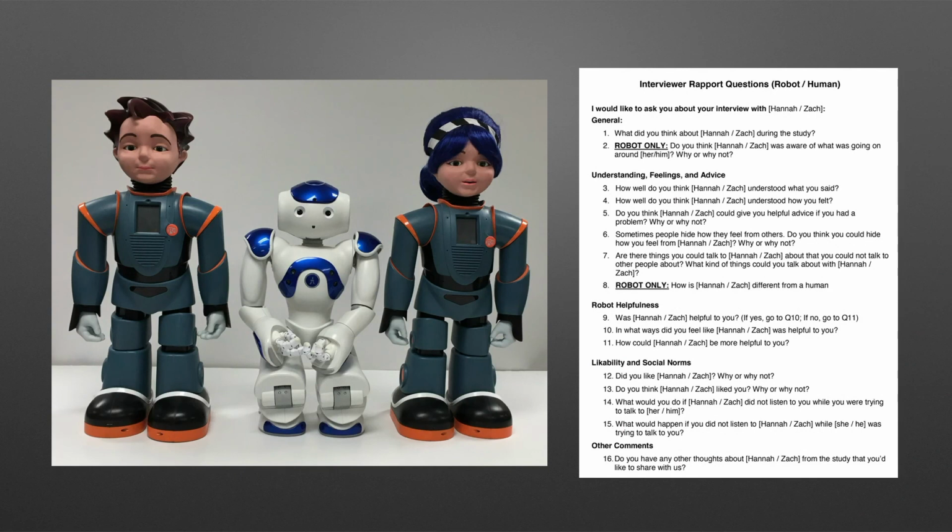So here are some of the robots that we use with children, and when we do studies with children, they're not usually really great at answering surveys the way adults are, in terms of looking at a scale and marking something.